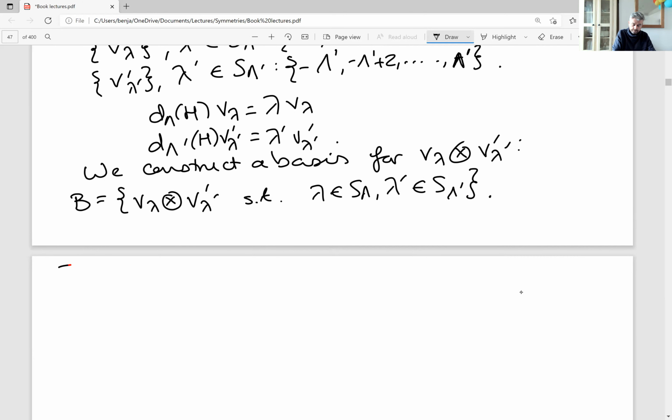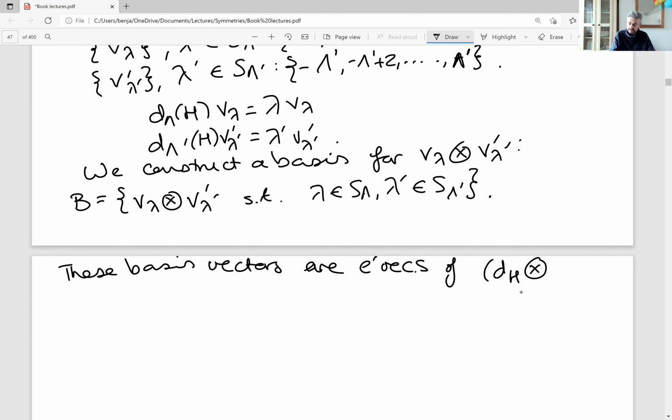So these basis vectors are now eigenvectors of d lambda cross d lambda prime acting on h.